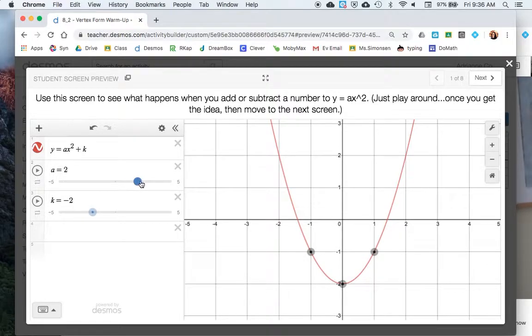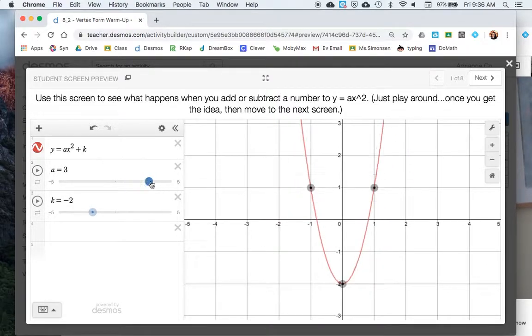And then a does the exact same thing, right? So if a is 3, then our vertex is down here at -2 because this number is -2, and we go over 1 and we still go up 3, right? Be careful, it's not up here at the 3, it's 3 up from the vertex, okay?